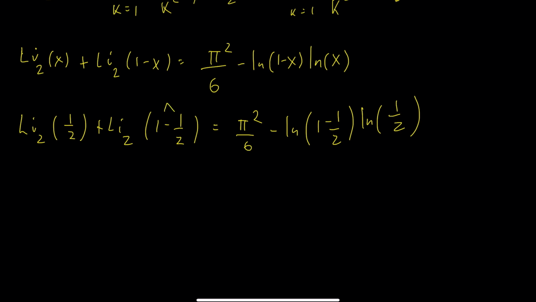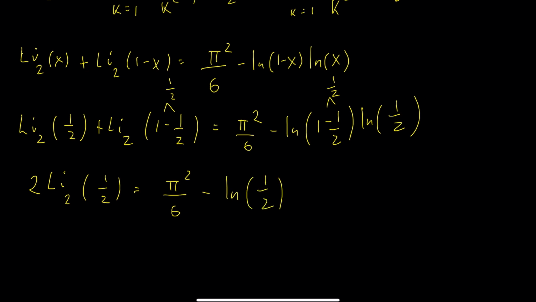But 1 minus 1/2 is 1/2. So we're going to have twice the dilogarithm of 1/2 is equal to pi squared over 6 minus the natural log of 1/2 times the natural log of 1/2.